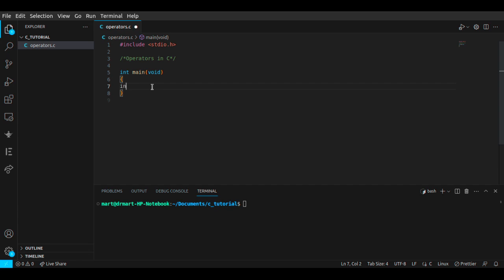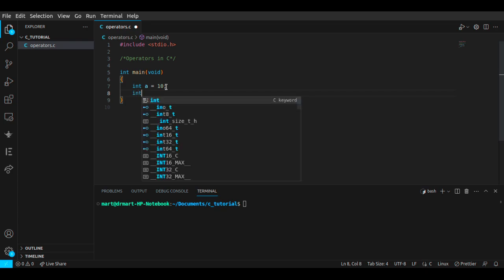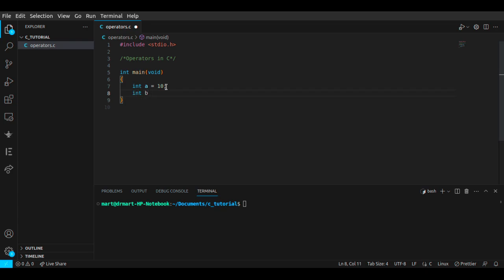Just quickly, I'm going to declare and initialize two variables. I'm initializing a to 10, and always remember the semicolon, and then I declare b and initialize it straight to 5.